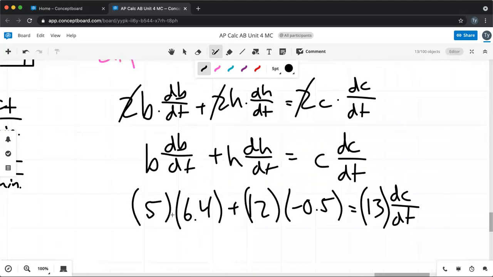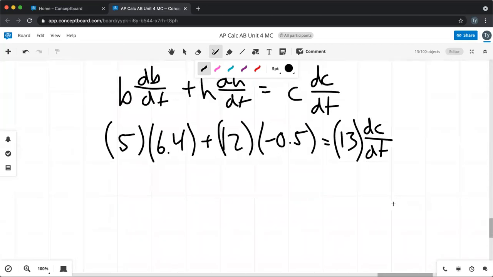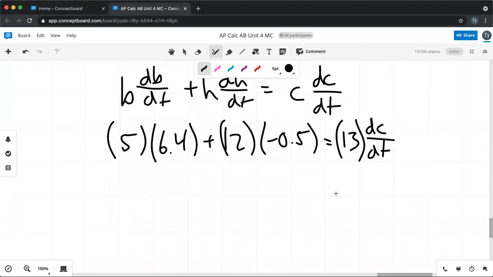So we plugged all our values into this related rates equation, this equation relating all the rates we care about, except we want to find dc dt, so that one should be the only one left blank. Now we need to solve for dc dt. 5 times 6.4 is 32.